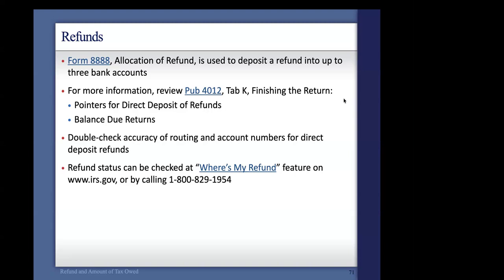You can make them aware. If they make you aware that that's not their account, but they want the refund direct deposited there, you can advise them that you may want to check with the bank. Sometimes the bank will reject that refund because your name is not on the account. And if that happens, that money is sent back to the Internal Revenue Service.